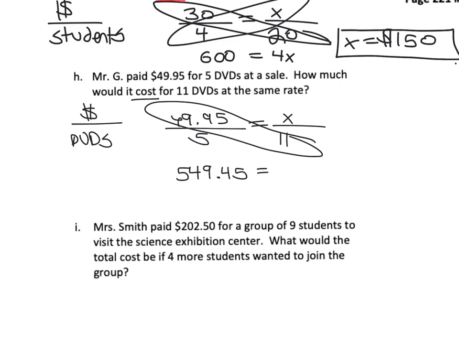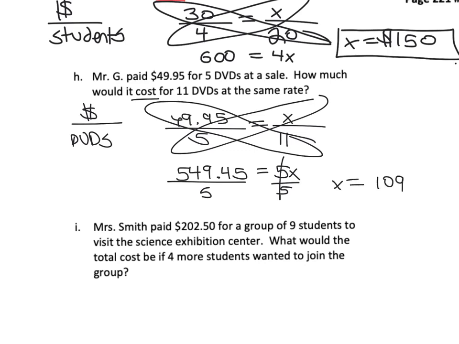Equal sign in the middle. 5 times X is just 5X. And then our last step is to divide each side by 5. And what we would get is x equals $109 and that's our answer.